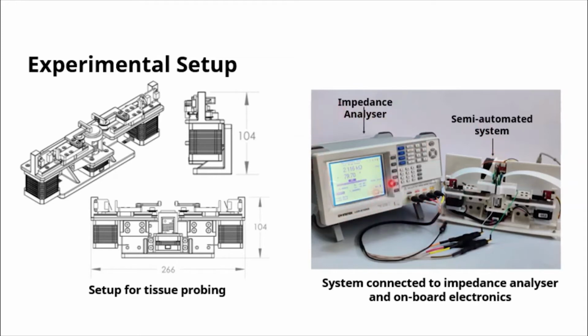Together, the impedance analyzer and the semi-automated system constitute our experimental setup. While the electronic components inside the semi-automated system are able to heat the tissue and also perform the electrical resistance or conductivity measurements from the sample, the externally connected impedance analyzer measures the frequency dependent electrical properties of the tissue.